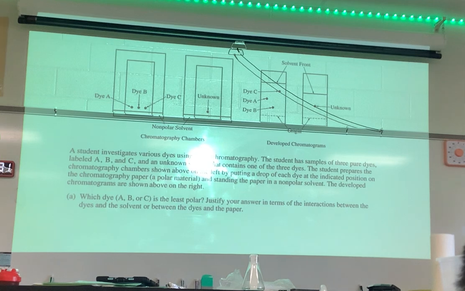Once again, A, B, or C, which one is the least polar? I'll even give you a hint, it's not A.